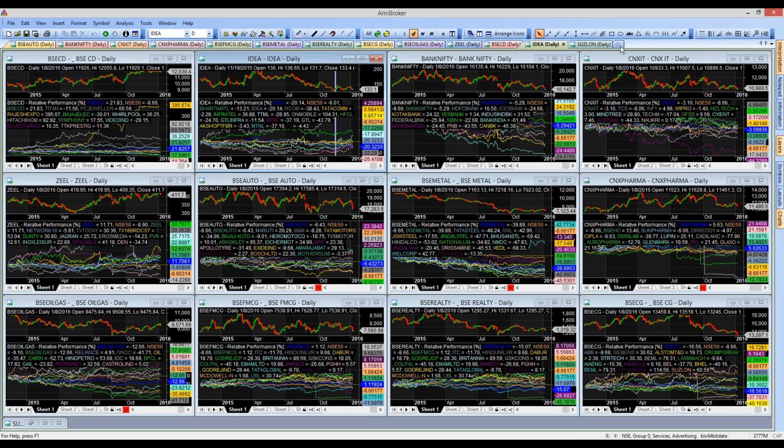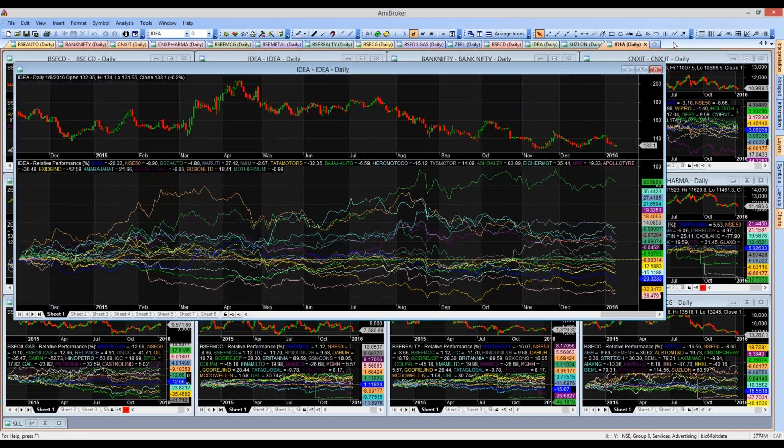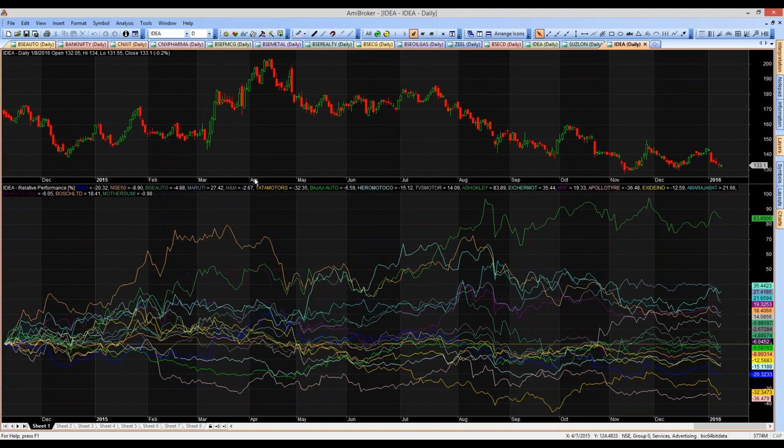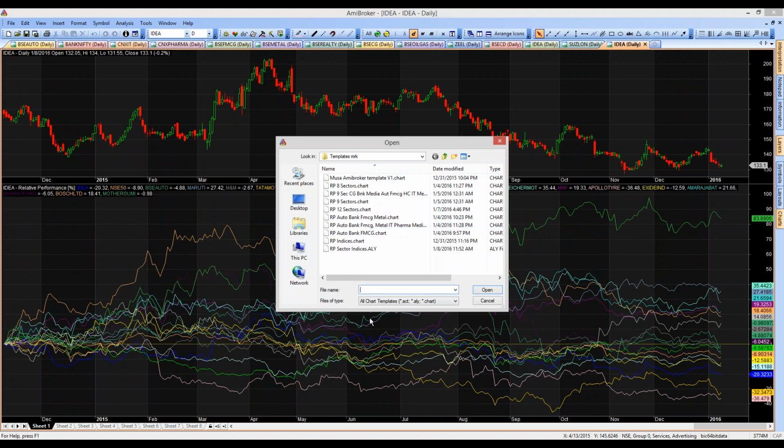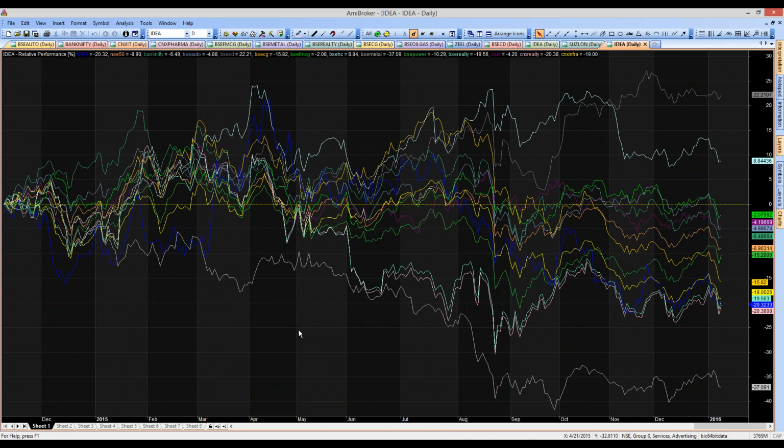So I'm just going to put a single chart and load a template. Okay. If you can see this, you'll see that this is a very different chart. Probably some of you are seeing a chart like this for the first time, and I hope it is crystal clear at your end as it is on my side, because it's really important to understand what this whole chart is about.